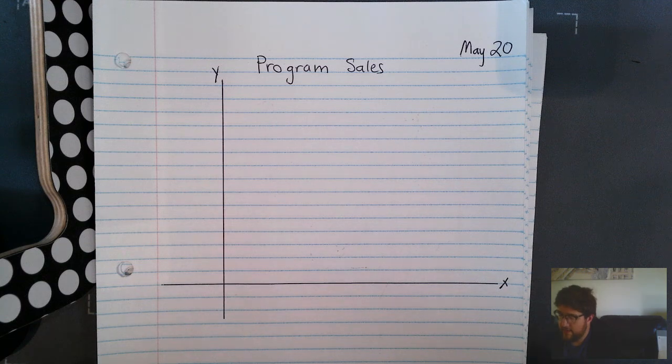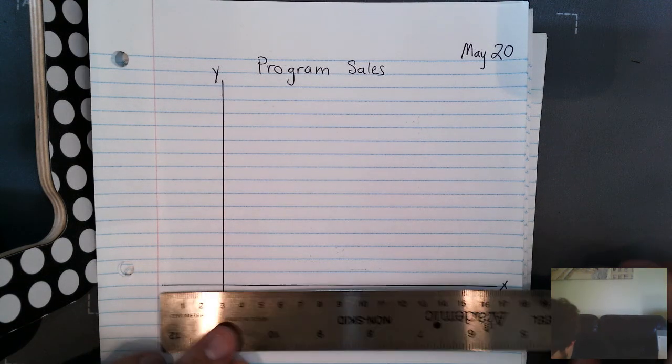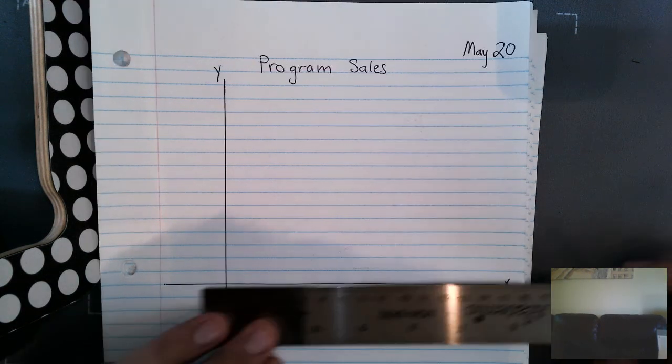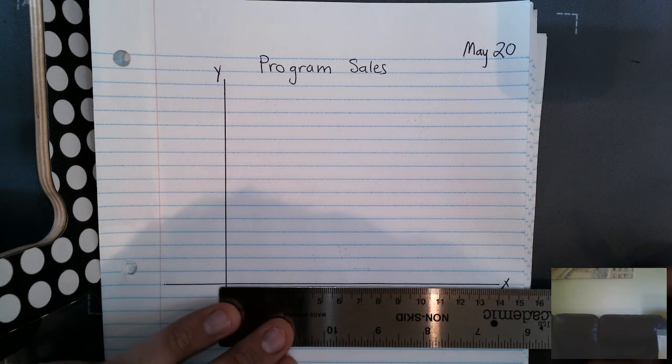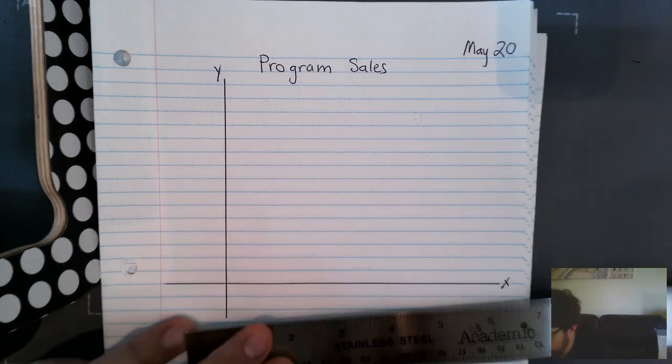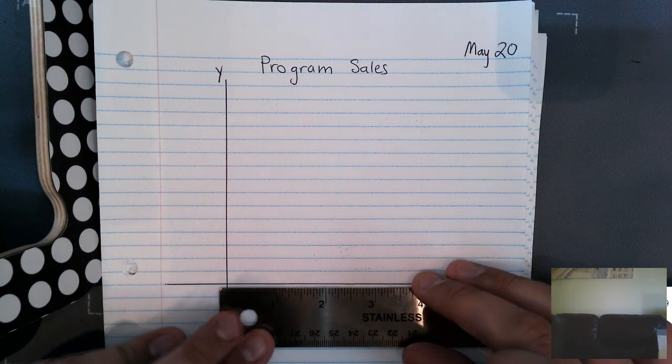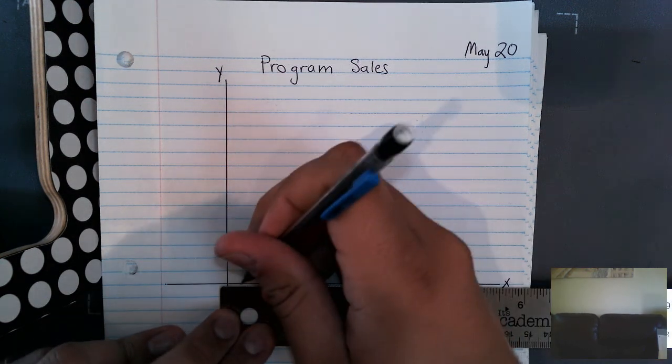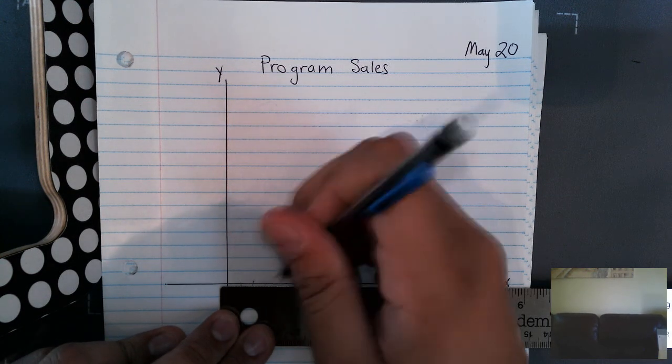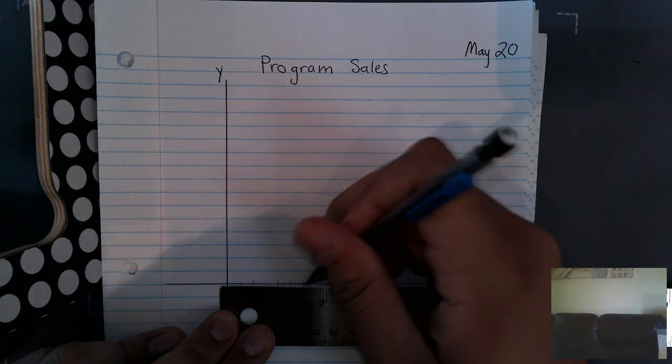Just for the sake of making things nice and neat, I'm going to line this up here, and I mentioned that every quarter of an inch I'm going to put a little line.